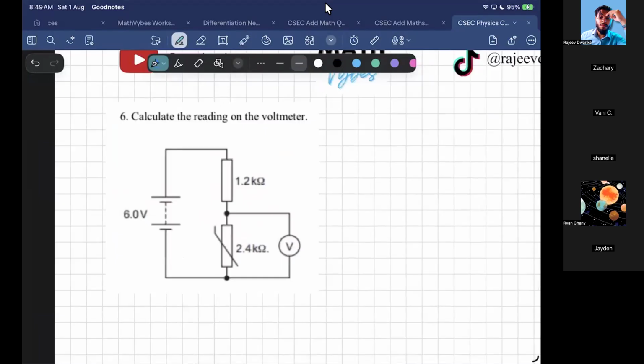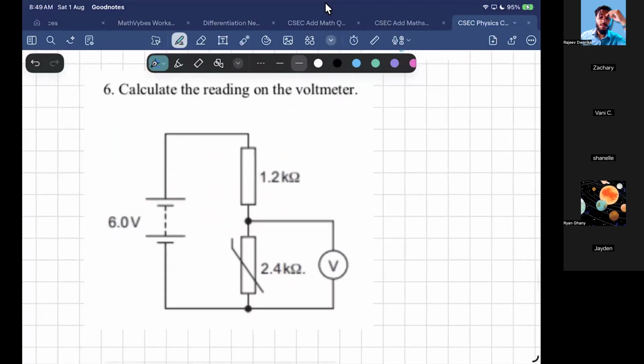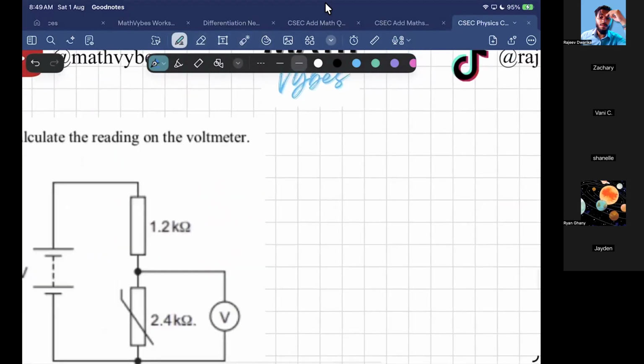All right, so let me go. Jadon, they're saying calculate the reading on the voltmeter. Guys, you all probably don't know this, but across a resistor there is a voltage drop.